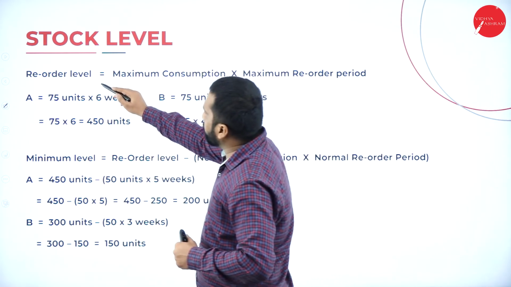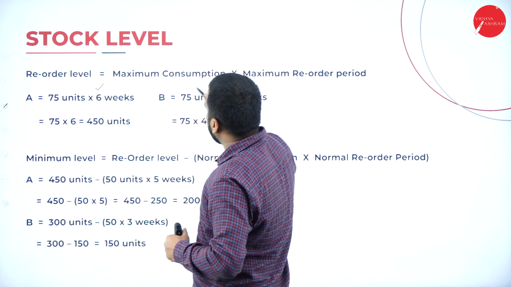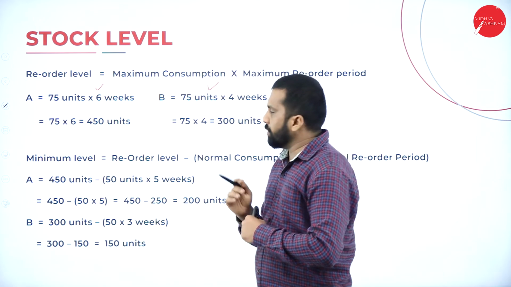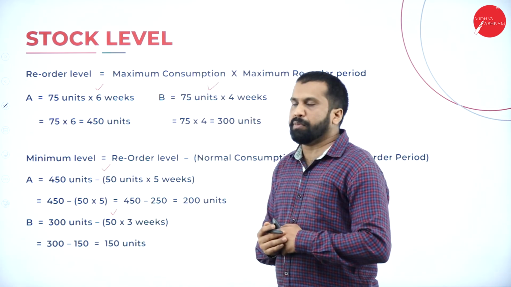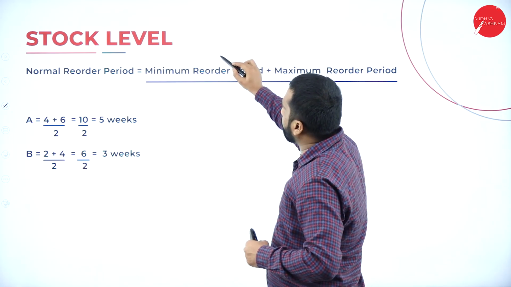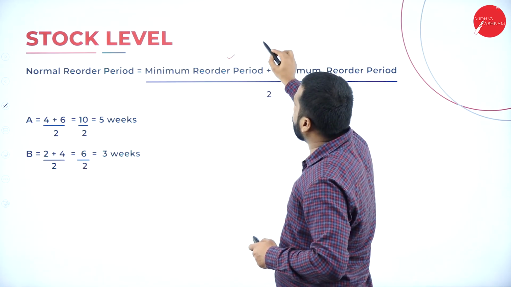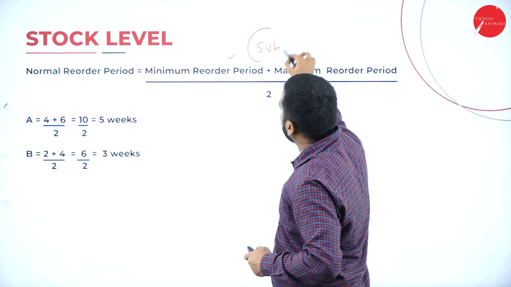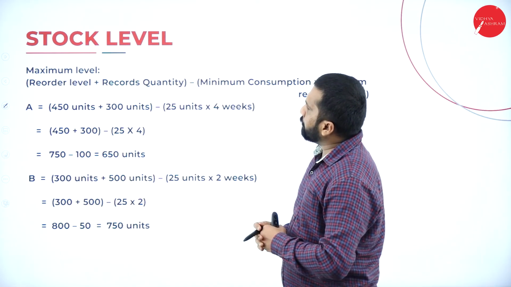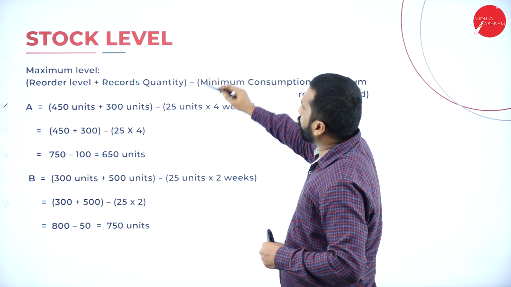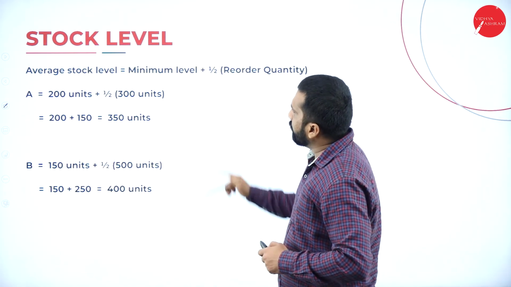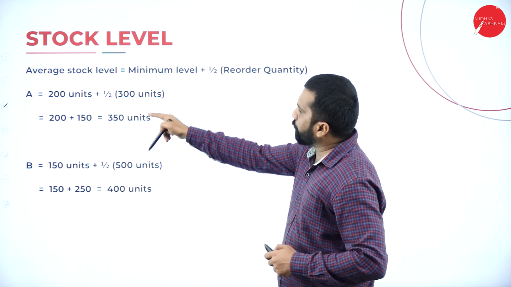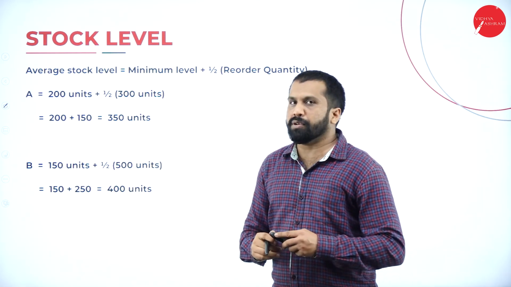See, this we have done. Same formula for A, same formula for B. Same formula for A, there is a sub formula. And maximum stock level, same formula for A and same formula for B. And there is the average stock level for A and B. Hope you are clear.